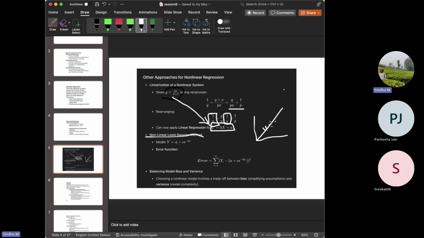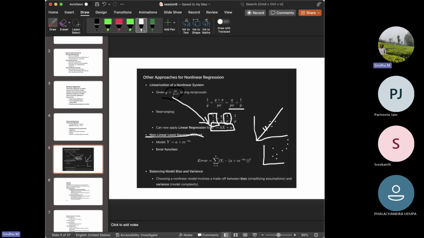Previously we did this for linear, but we can apply the same concept for a nonlinear function as well.